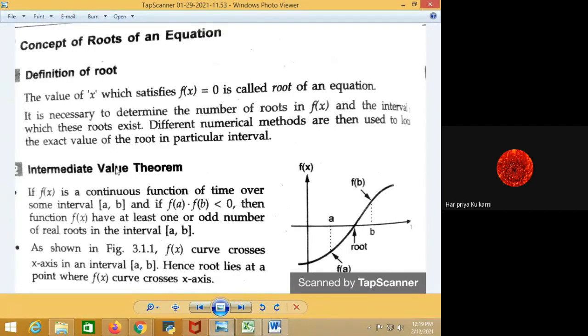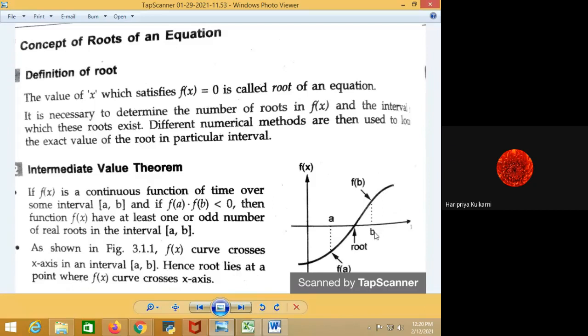Suppose we have a value a and a value b given, and the function is, say, x square plus 2x plus 1. If you put the value of x as a and find the value of the function, this point on the curve is called f of a.